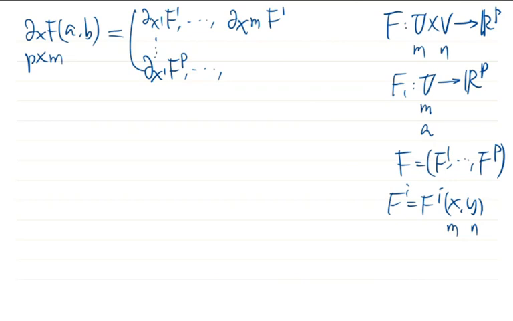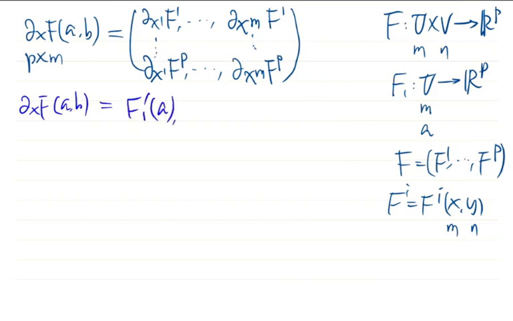So these are the derivatives with respect to x only. This is the p by m matrix representing the partial derivative of capital F with respect to x at the point (a, b). Okay, so we remind you that this is the derivative of F1 at a. Here F1(x) is simply F(x, b).